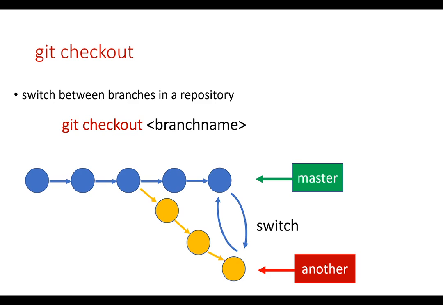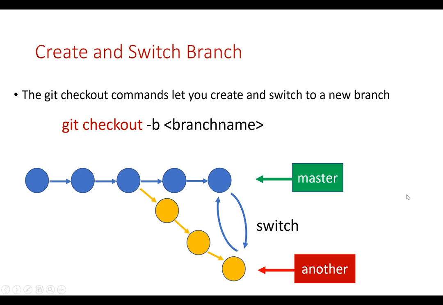If there is more than one branch, you can use checkout to switch between different branches. You can use git checkout with the option and branch name to create a new branch and switch to it.